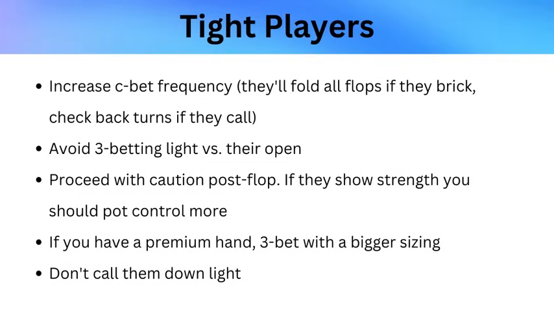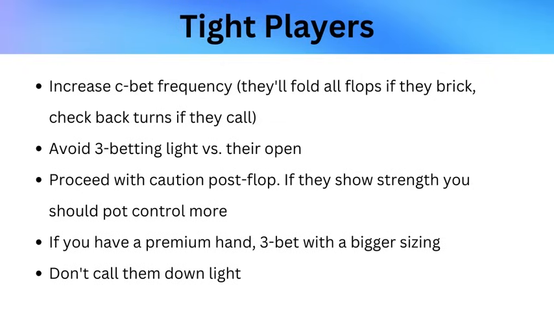And now for post-flop, you want to proceed with caution. If they show strength, then you should pot control more. So if you flop top pair versus them, top pair with a middle kicker, say you have queen-ten on a 10-6-4 type flop, you don't want to go too crazy versus their c-bets.